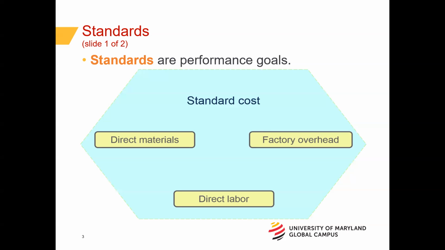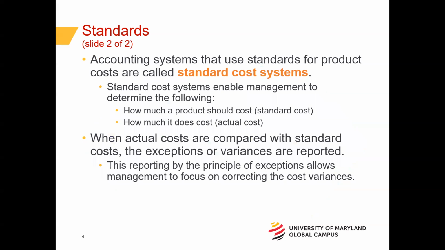We can set budgets as they relate to things like direct materials, direct labor, factory overhead. How do we do this? How do we standardize our costs? We use an accounting system that uses standards for product costs.